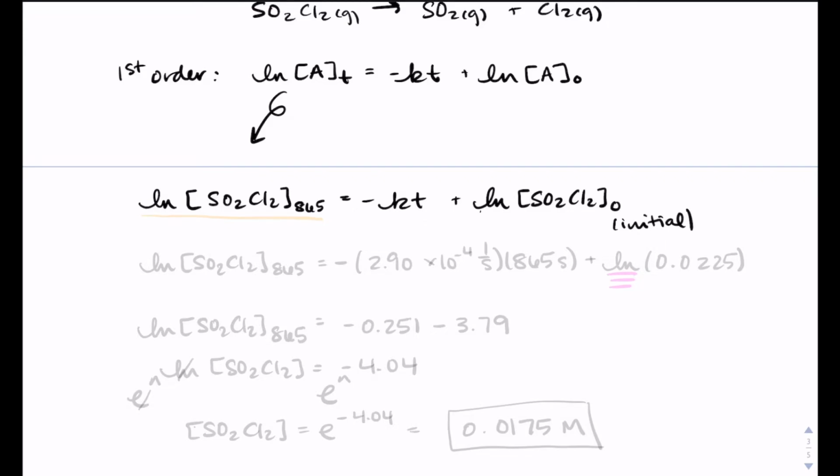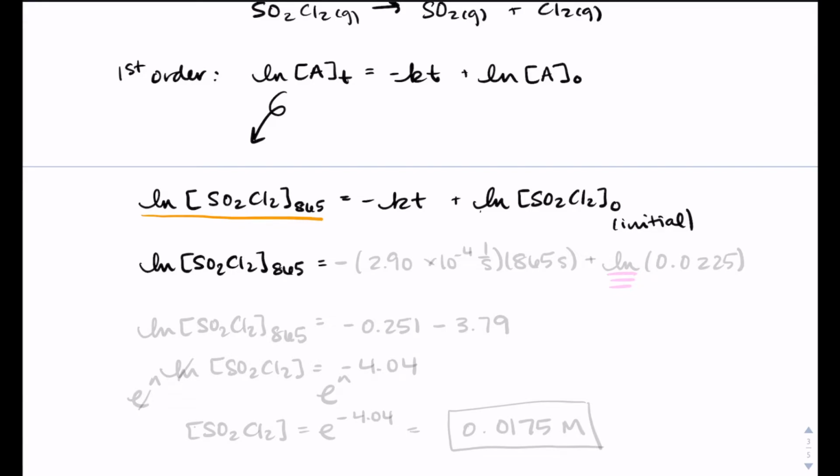I do plug in the rate constant, so the natural log of the concentration at 865 seconds is equal to negative the rate constant, 2.90 times 10 to the minus 4 per second, times 865 seconds, plus the natural log of 0.0225. I've got natural log underlined like three times on here.